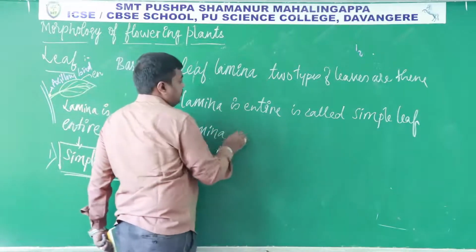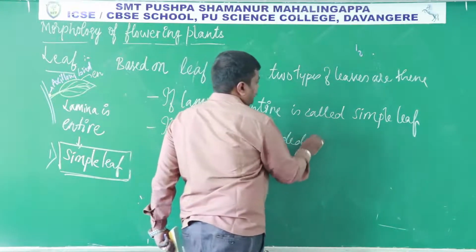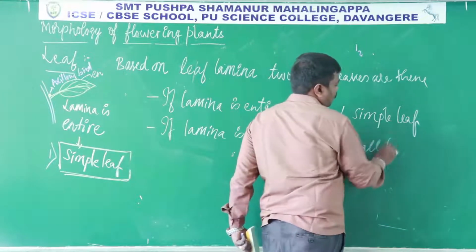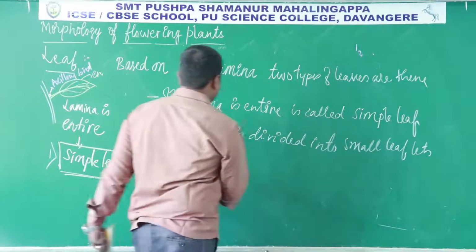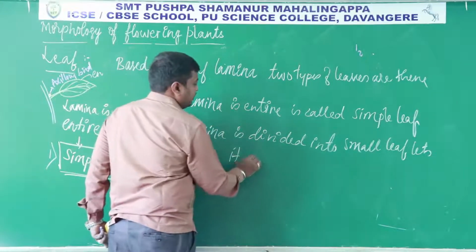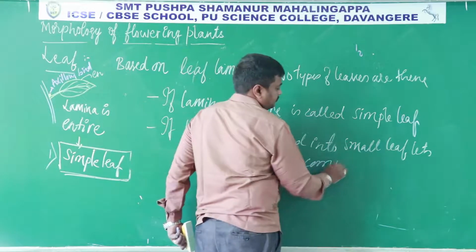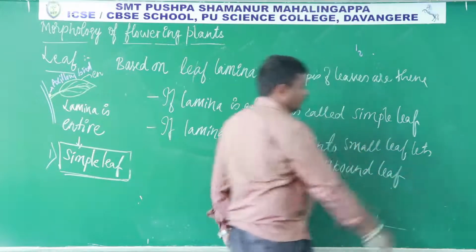If a lamina is divided into small leaflets, it is called compound leaf.